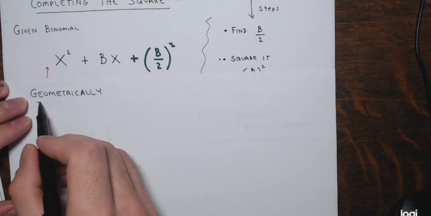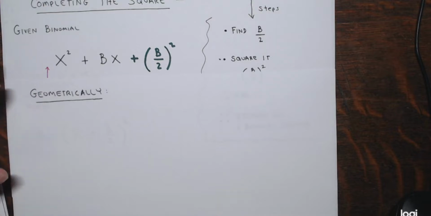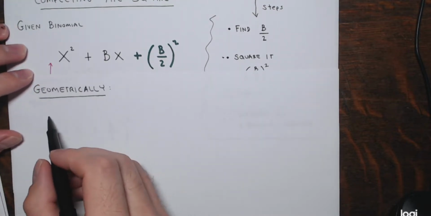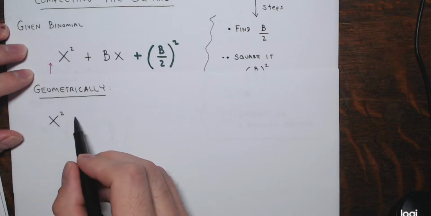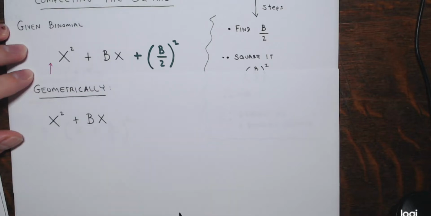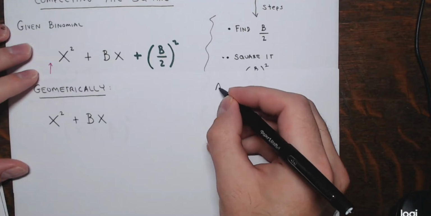Where you think of each part of the expression as an area, the area of a figure. So we start with 1 times x squared plus b times x to the first. I think of area.